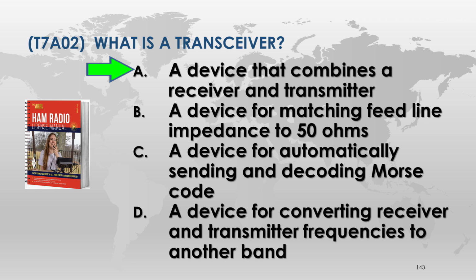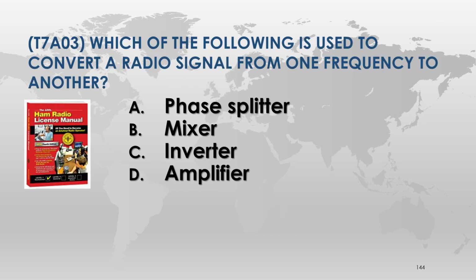Which of the following is used to convert a radio signal from one frequency to another? Bravo. Frequencies, not bands. A phase splitter won't do it, an inverter flips it over, and an amplifier just makes it louder. So it's a mixer.